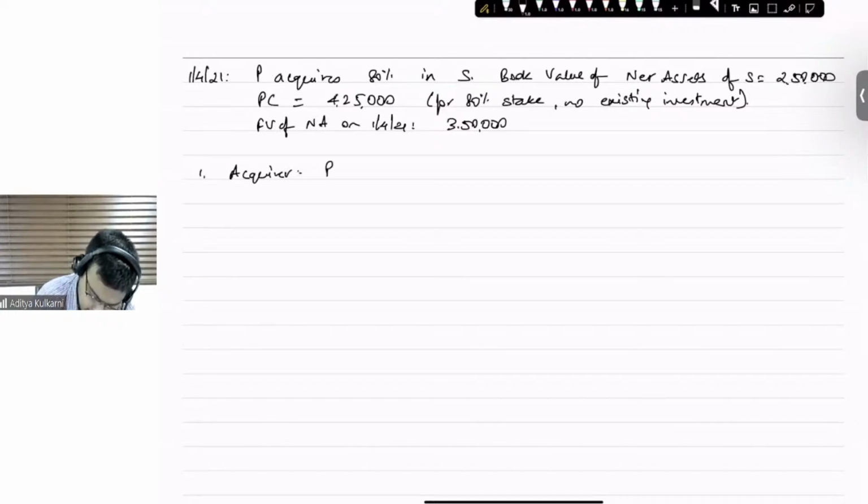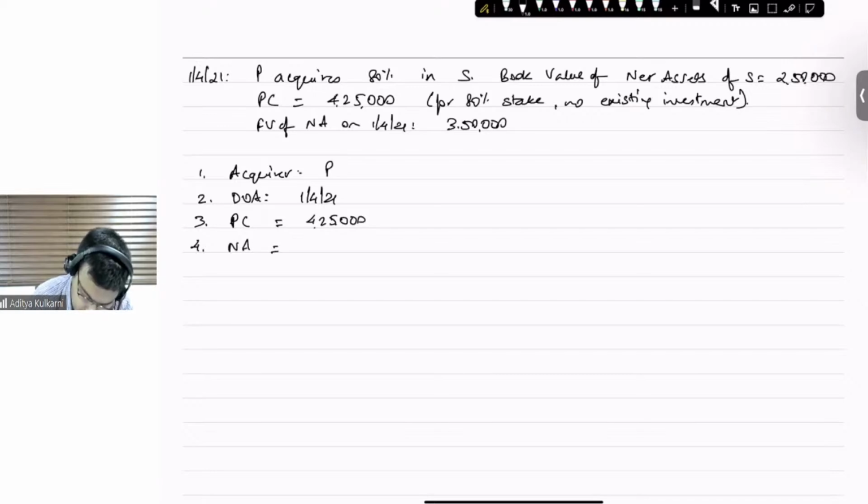Sir, in this case, acquirer is P. Date of acquisition, which is 1/4/21. The third step is purchase consideration. Purchase consideration is 425,000. Step number 4, net assets taken over. This is going to be 100%, 3,50,000.